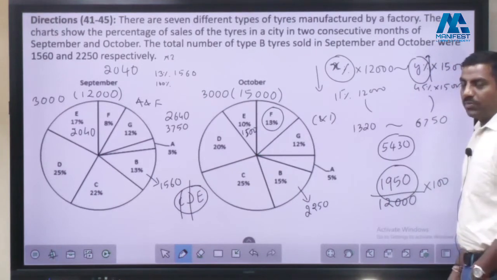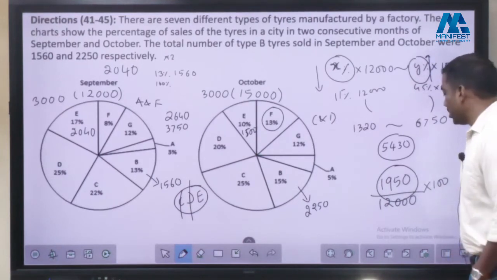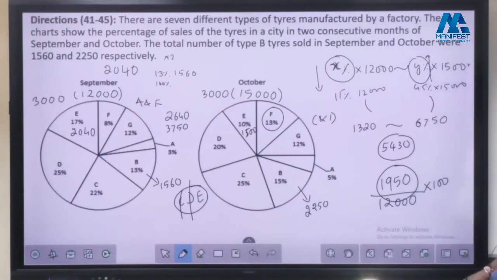1950 is what percentage of 12,000? Cancel the zeros. Then 12 ones are 12. Then 12 sixes are 72. Then 0.25.